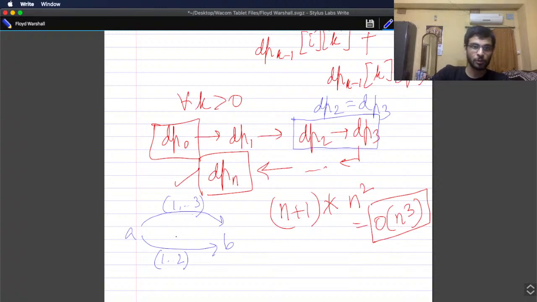None of the values are improving. Right? So introducing the third vertex, you're not able to gain anything. So what do you think? Should we proceed further? Is computing dp4 going to be okay for us? What do you think?